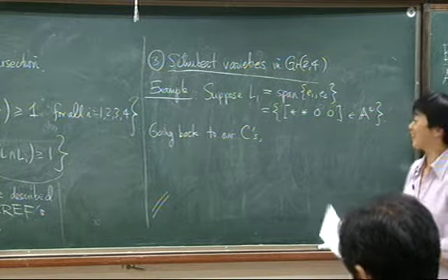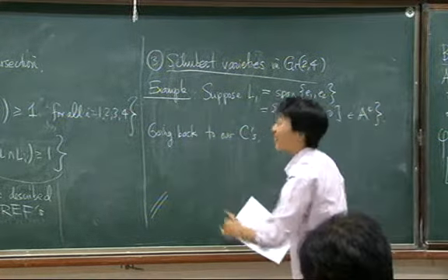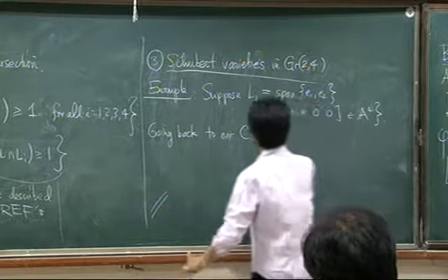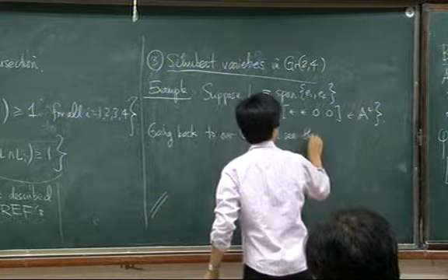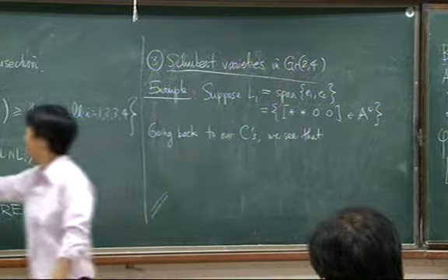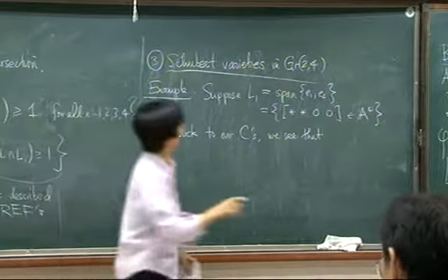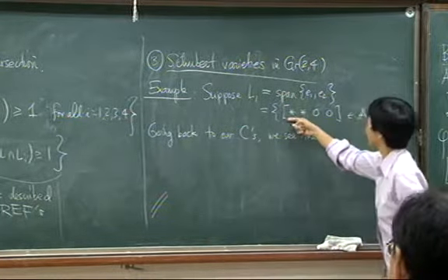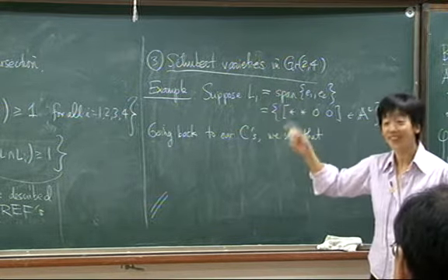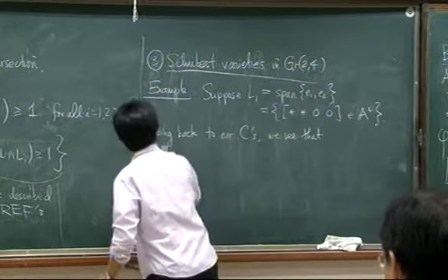And if you don't know, let me just tell you, these are called Bruhat cells. So the C's are called Bruhat cells, hence C. So going back to these C's, we see that if I'm trying to find those planes in the Grassmannian which intersect non-trivially with a plane that looks like this, if you go back to those row-reduced echelon forms, it's very easy to tell which ones do.